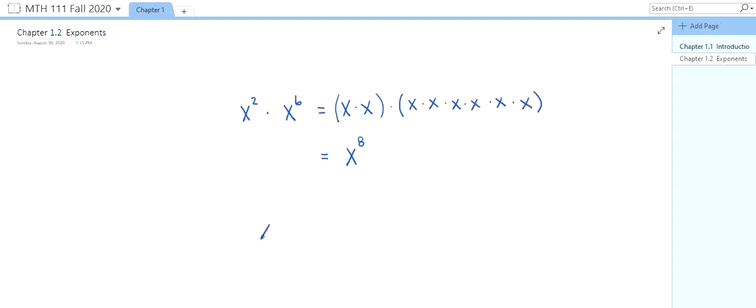So whenever you raise something with a certain base, so we call this the base, the lower number, we call this the base. So whenever you have something with the same base, raised to some power, let's say m, and you multiply it by something else with the same base, raised to a different power, n, all you have to do in that situation is add the exponents.